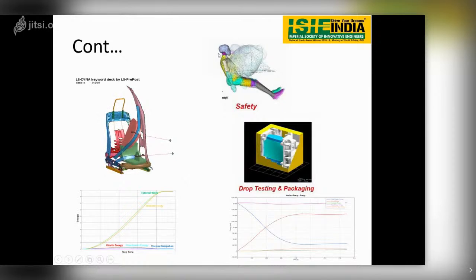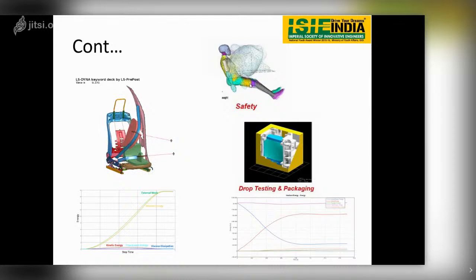Various factors are calculated, like head injury criteria, thoracic trauma index, chest injuries, and how much force is coming on the legs. Based upon that, the safety of the dummy is calculated.